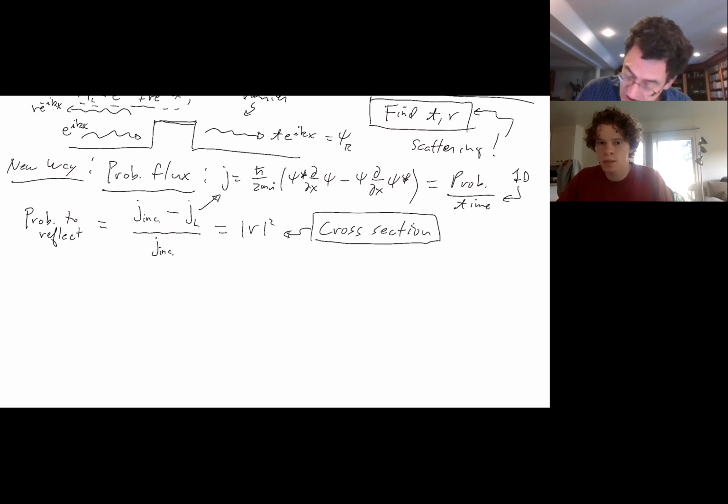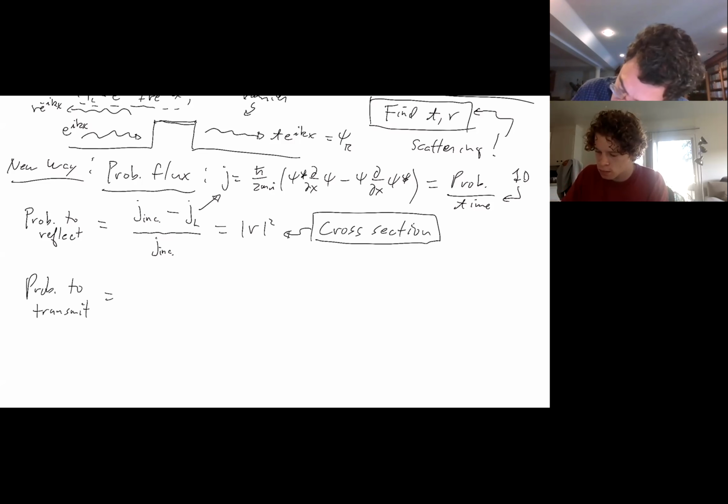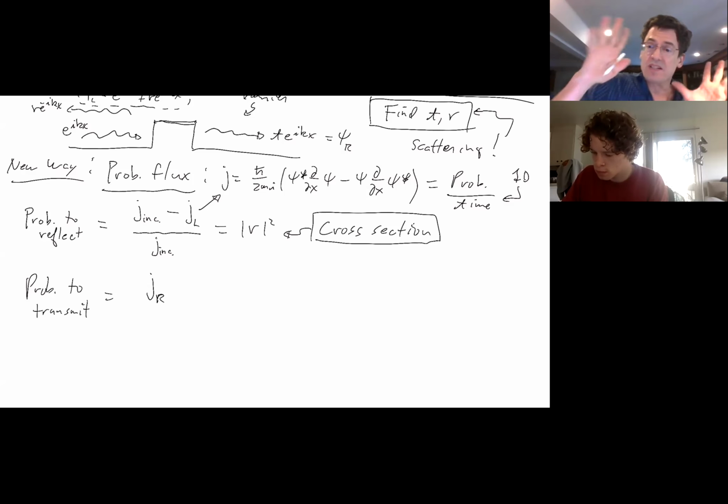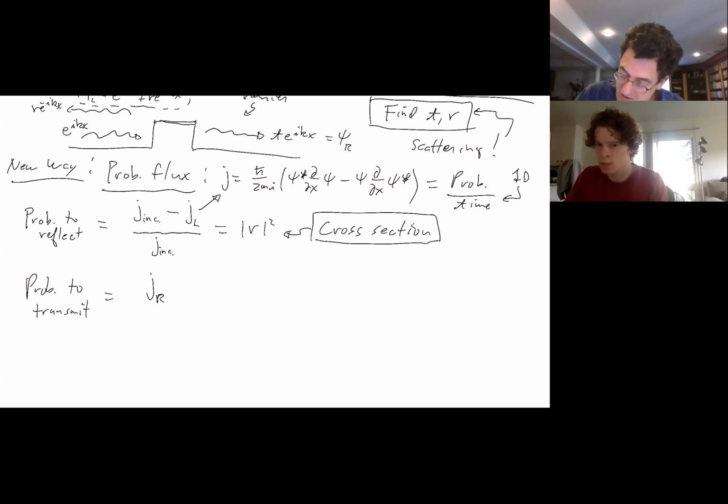And so then you can find the probability to have transmission, and then using the same language, we can say that it's the probability flux on the right-hand side of the barrier. That's like how much got through, divided by how much was incident. And if you calculate that, you'll see that that's t squared.